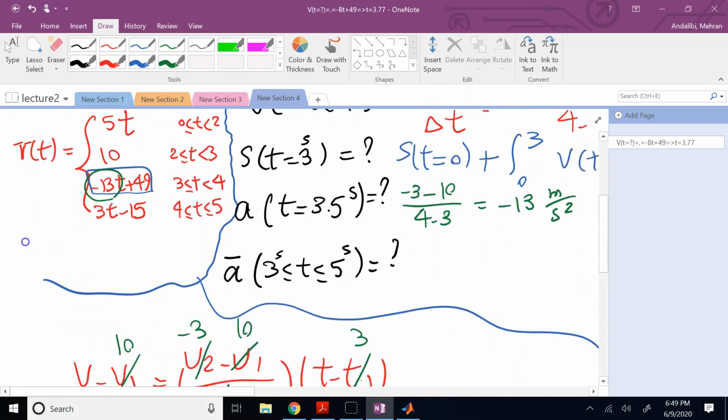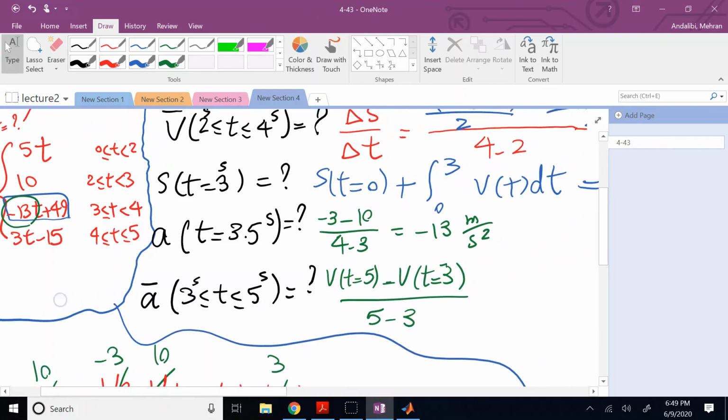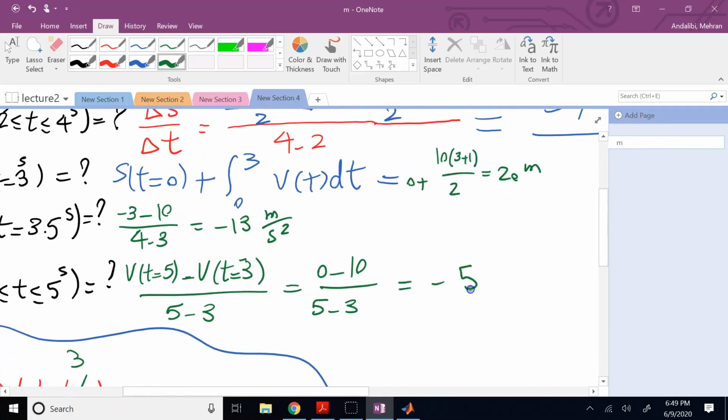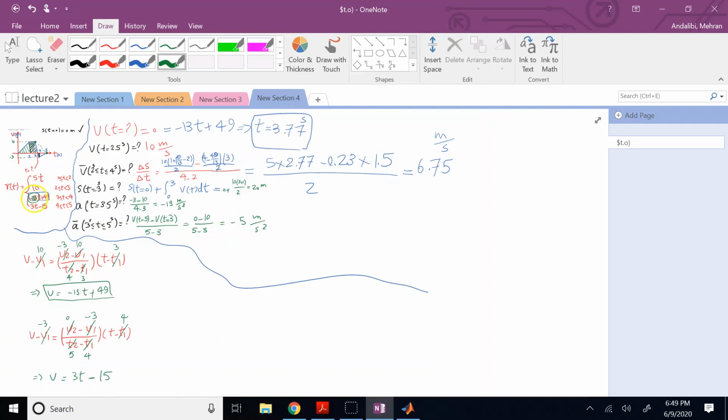I calculate the velocity at t equal 5 minus the velocity at t equal 3 and divided by 5 minus 3, which is going to be 0 minus 10 divided by 5 minus 3, which is going to be negative 5 meters per second squared. Clearly it is negative, but as I said, it's neither negative 13 nor 3. Okay, it's none of those numbers.